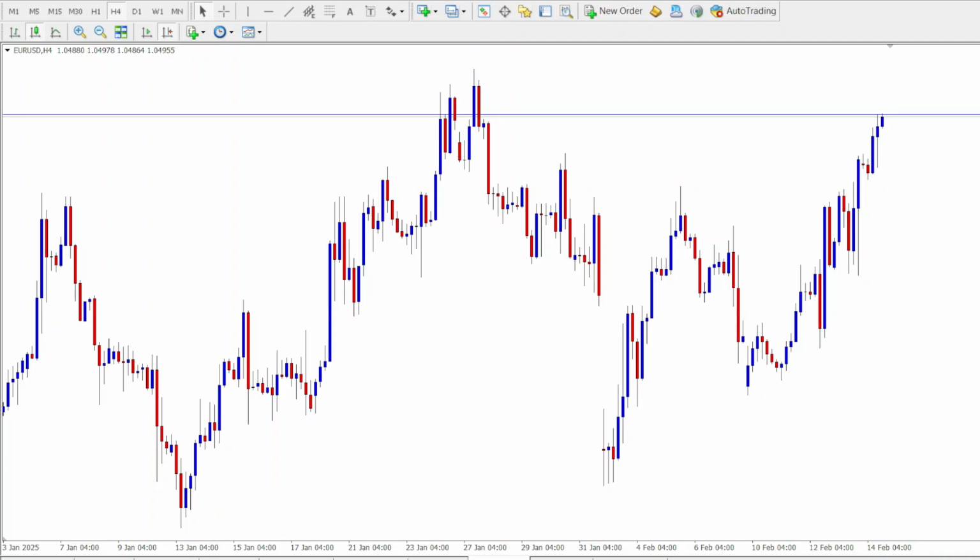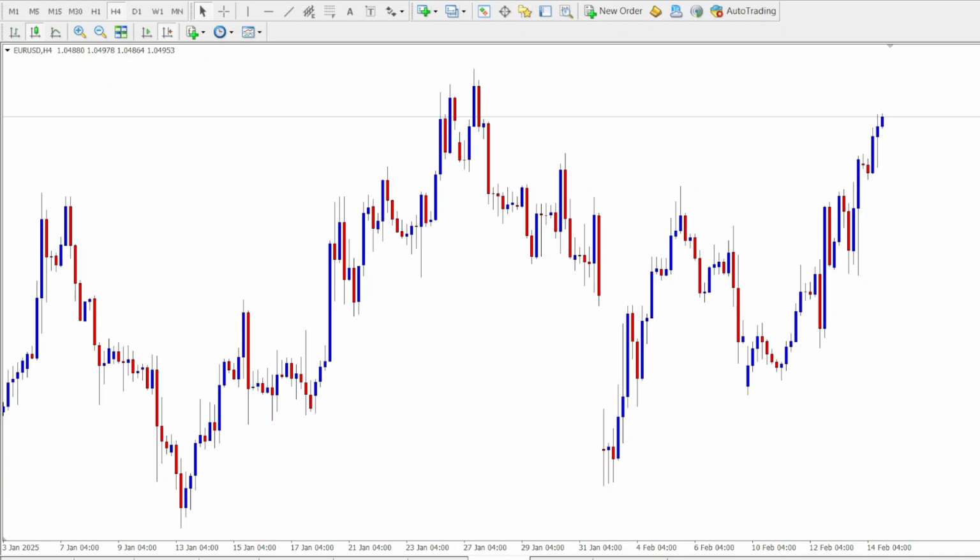If you've ever wondered why price suddenly reverses right after you enter a trade, or why stop losses keep getting hit before the real move happens, then you are about to uncover the secret behind market liquidity. Okay, this is how smart money moves.